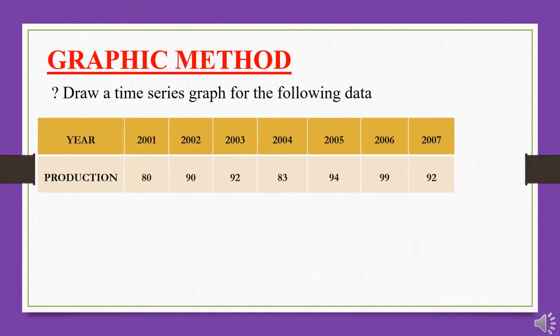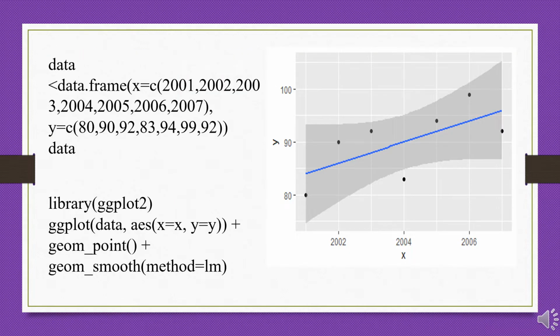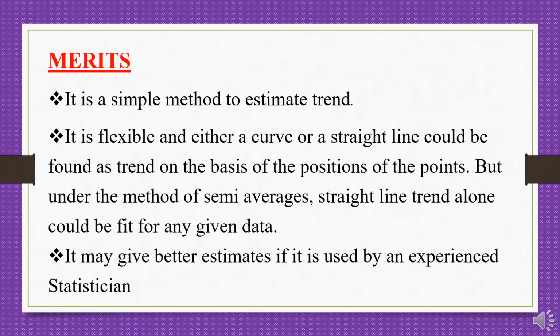So first we draw the x-axis corresponding to the year and the y-axis for the production values. So mark the production value corresponding to each year, then draw the trend line. By using our program, we plot the trend graph with the same values.